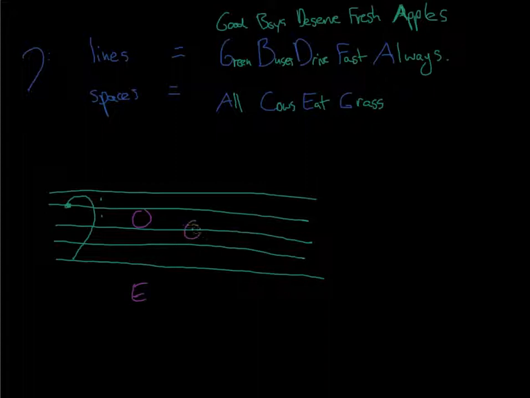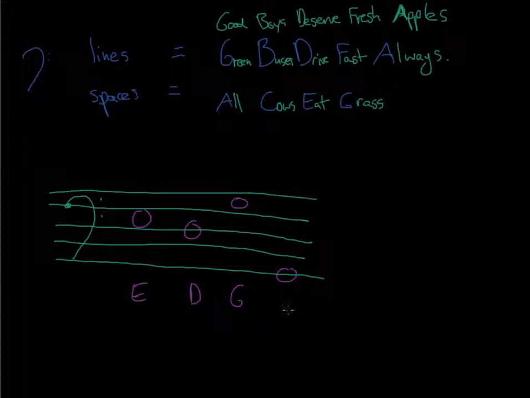If someone said, okay, what's this note? Well, you could say it's one below E, so it's looking like a D, but let's just check. It's on a line. Green buses drive, D. Easy. What about this one? That's a G. Why? All cows eat grass. It's on a space. 4th space, G.